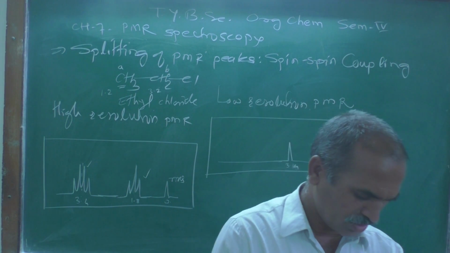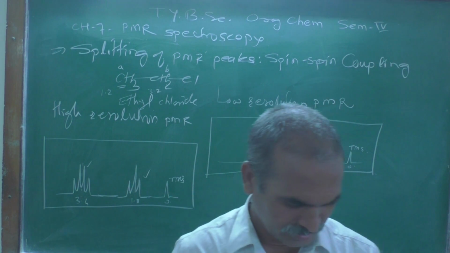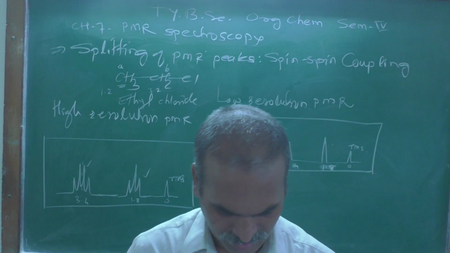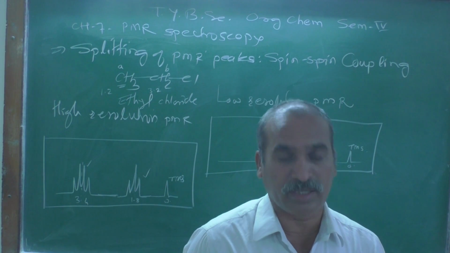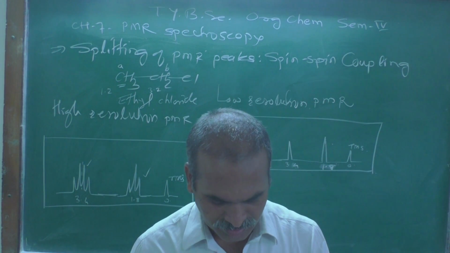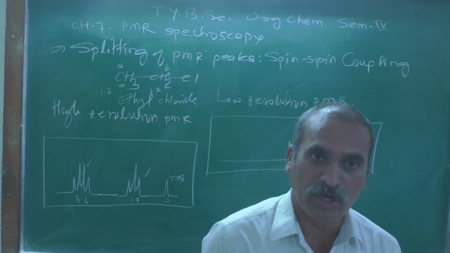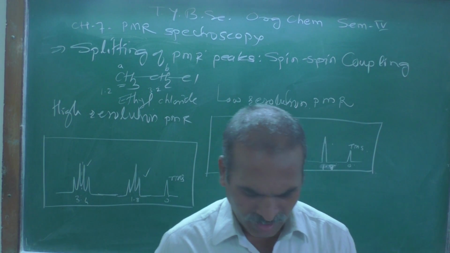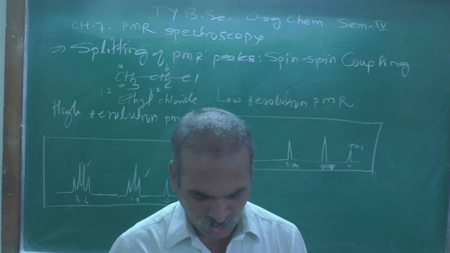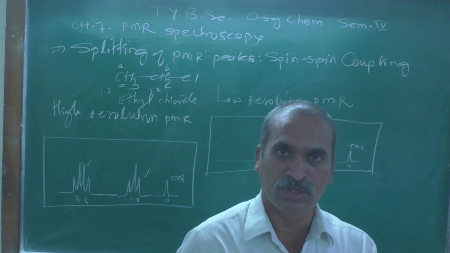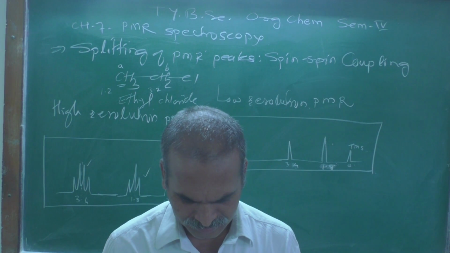Why do these splittings occur? So here, if we observe the PMR spectrum of ethyl chloride under low resolution and under high resolution, the low resolution spectrum shows 2 peaks.